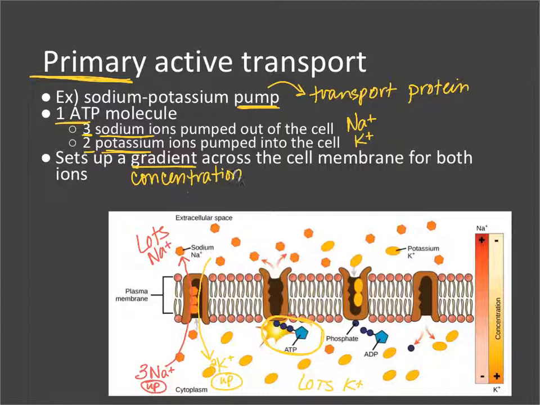So there is a sodium concentration gradient and a potassium concentration gradient that's being set up across the cell membrane. And this is important because this becomes the driving force for secondary active transport.